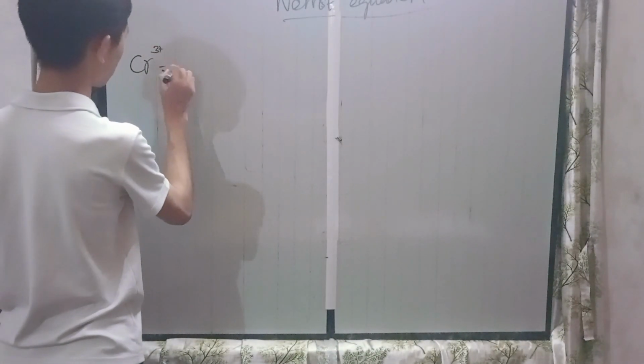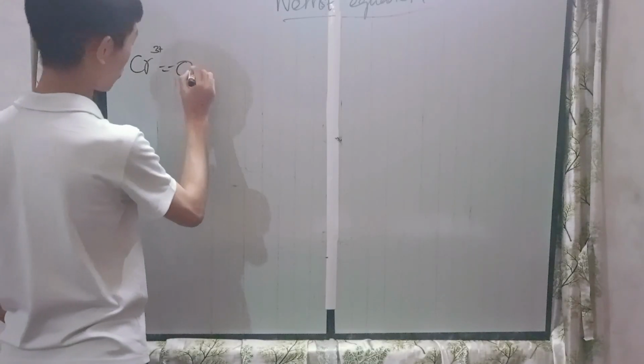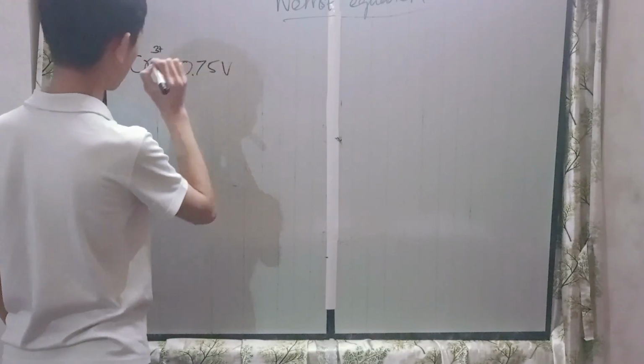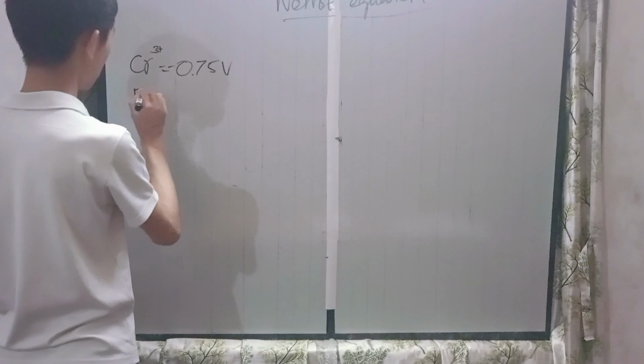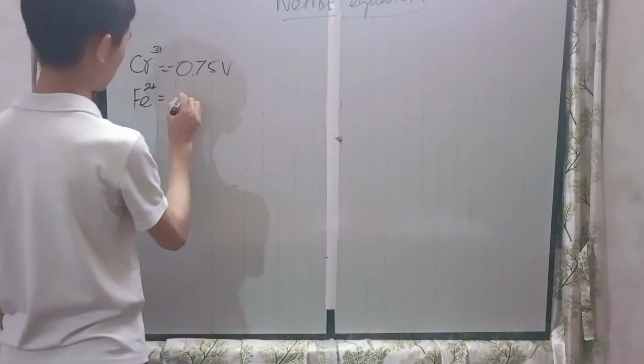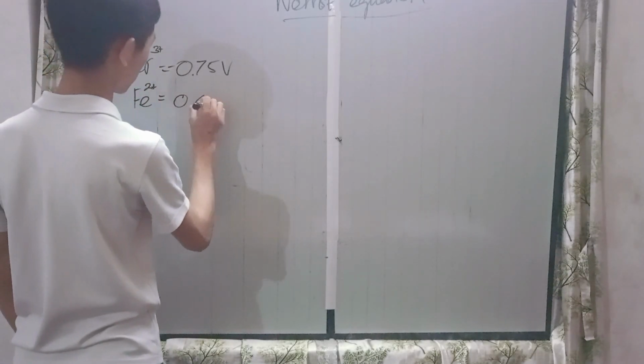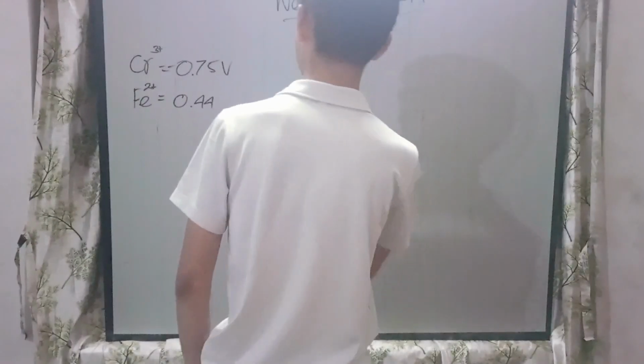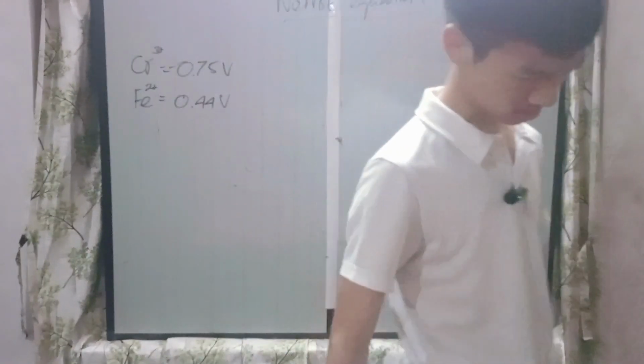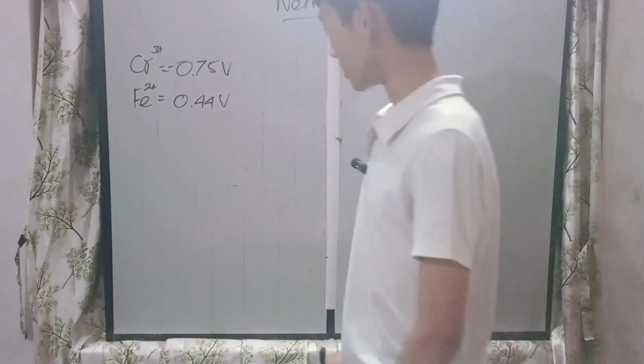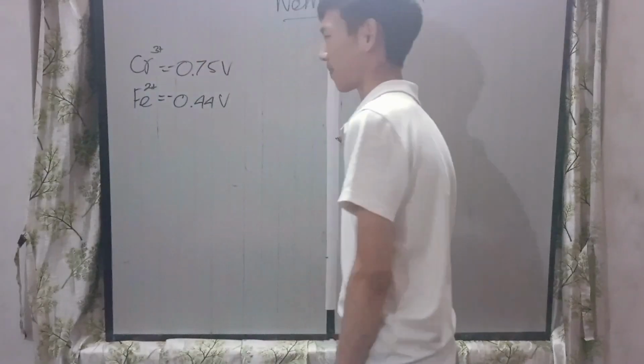Okay, so I have a question here. Chromium 3 plus is equal to negative 0.75 volts, and Fe2 plus is equal to negative 0.44.